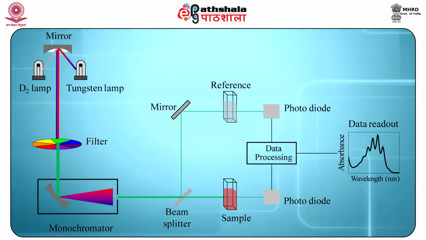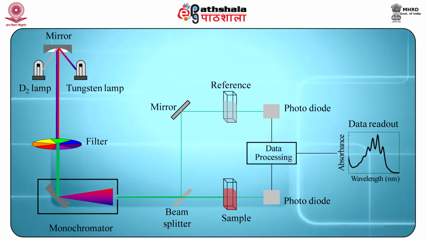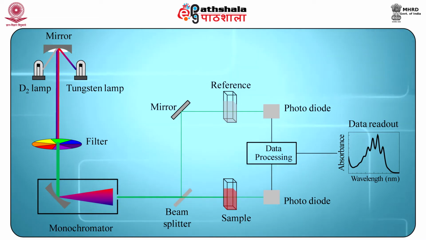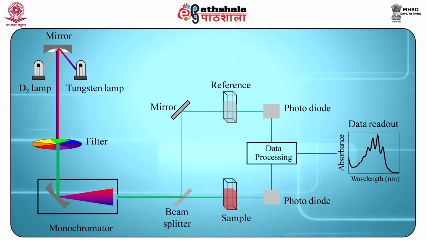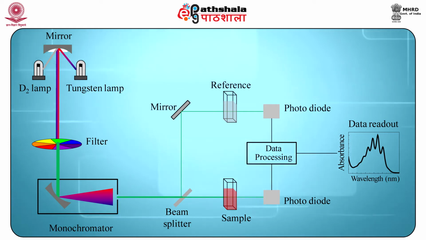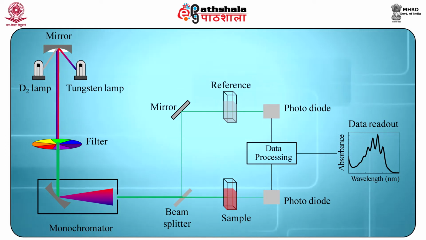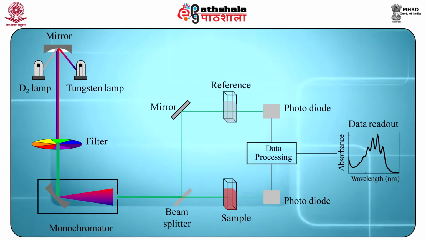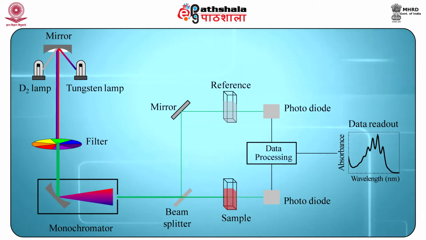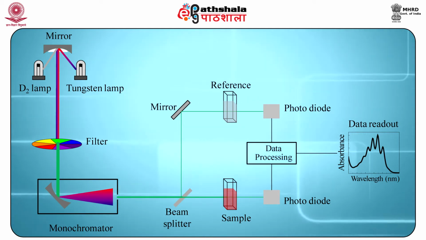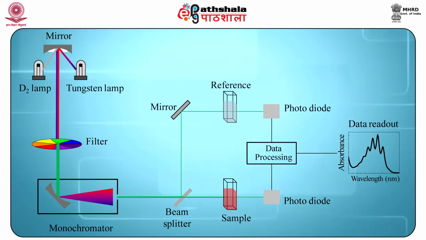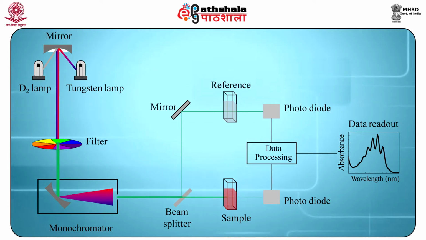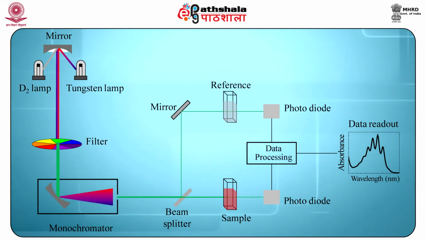The typical UV visible spectrometer consists of a light source, a monochromator and a detector. The spectrometer usually employs a hydrogen discharge lamp as a source of light in the UV region of 200 to 400 nanometers, while a tungsten filament lamp is used for the visible region from 400 to 800 nanometers of the electromagnetic radiations.